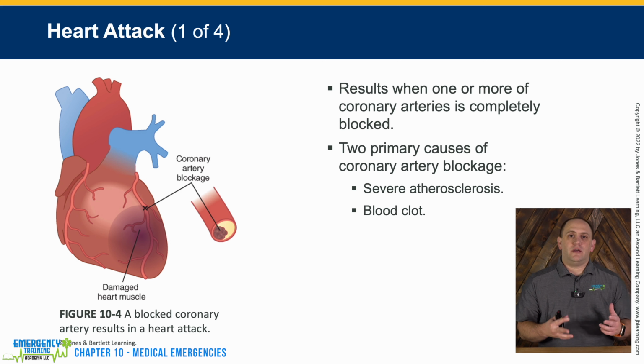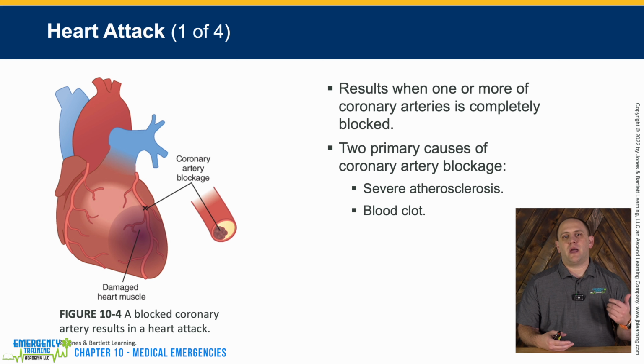So angina is caused when one of these coronary arteries that wrap around the heart becomes narrowed and the blood supply and oxygen delivery to the heart muscle is slowed because of exertion, where the demand becomes greater than it can meet through the narrowing of those coronary arteries. A heart attack is when there is a complete blockage of one or more of those coronary arteries.